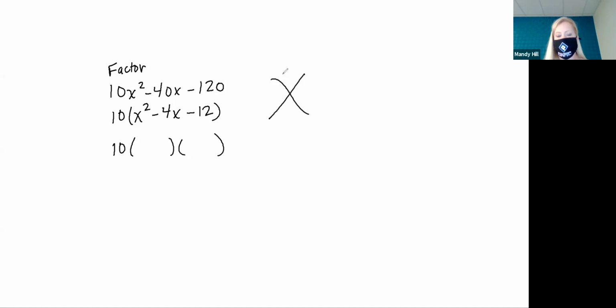But we need to figure out, well, what multiplies to negative 12? Now this time, this is just 1x squared, so I don't have to do, I mean, you can do 1 times negative 12 is just negative 12. This one is just easier when there's a 1 in the front. So I'm looking for things that multiply to negative 12 and add to negative 4.